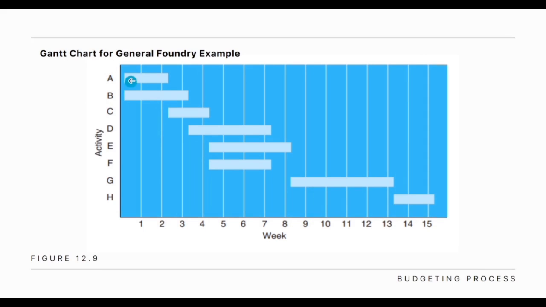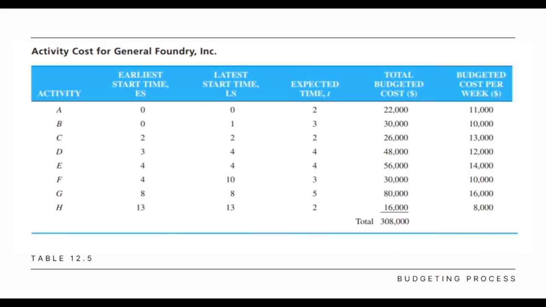As we can see, activity A starts from week 1 and 2, and activity B, week 1, 2, and 3, and so on. So the next table is much more clear. We can see activity A, then earliest start time, latest start time, expected time, total budgeted cost, and budgeted cost per week. So this 22,000 total budgeted cost is allocated for activity A. Activity A takes 2 weeks to be completed.